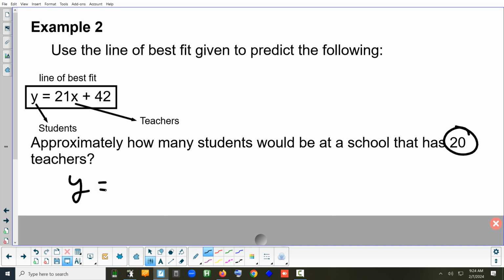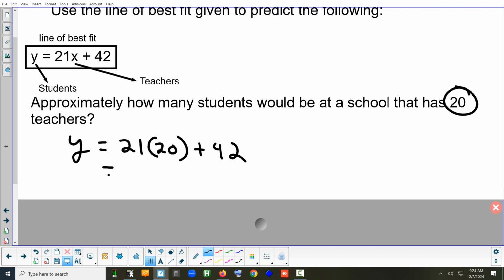And what is y again? Y is the students. So based on a school having 20 teachers, we're going to predict how many students are in the school. So fill in 20 for teachers and plus 42. Okay. What's 21 times 20?